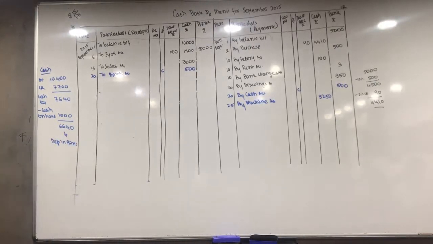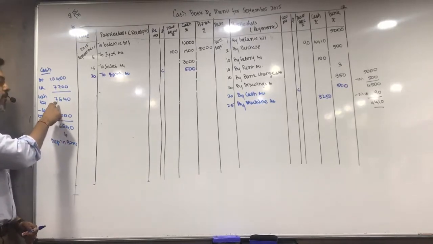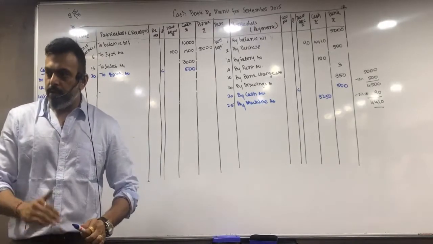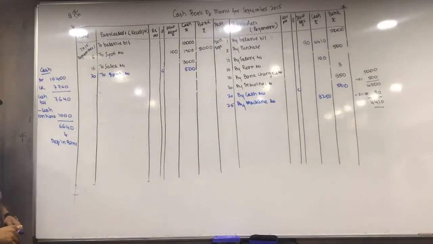All of you understood this? At month end I had currency notes, cash of 7,640. Out of that I kept 1,000 and the remaining I deposited in the bank. So who is the receiver? Bank is the receiver.